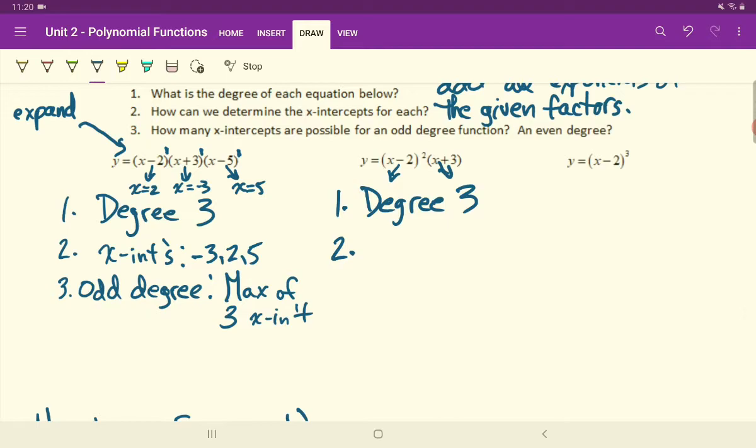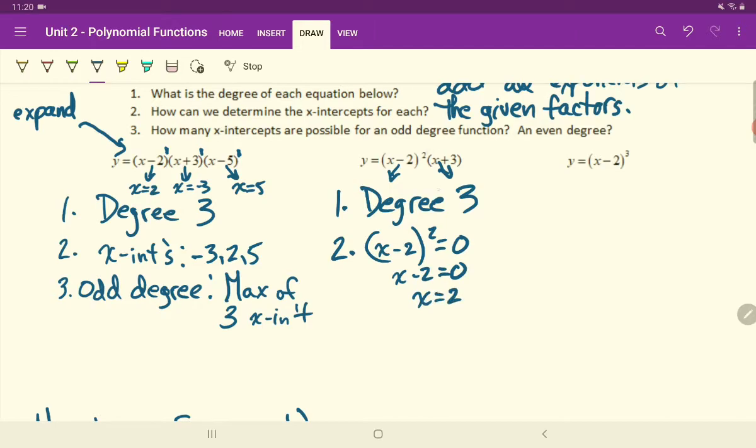Okay, let's take a look. If I set that first bracket equal to 0, let's see what happens. x minus 2 squared is equal to 0. Square root both sides, you get x minus 2 is 0, and then once again, you get x equals 2.